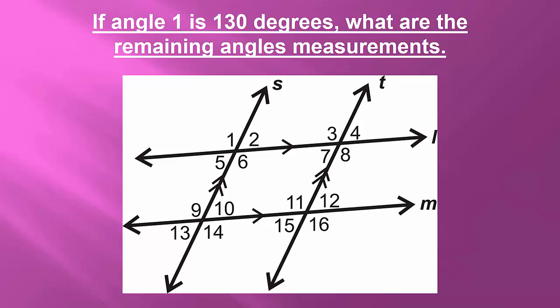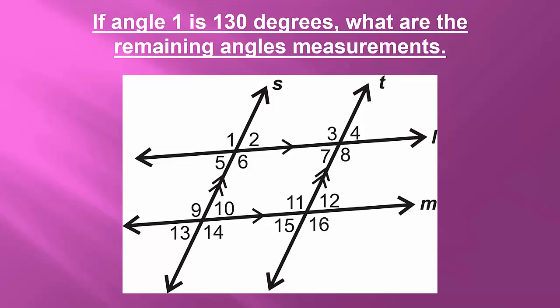If angle 9 is 130 degrees, then angle 6 must also be 130 degrees because angle 9 and angle 6 are alternate interior angles, and alternate interior angles are congruent.